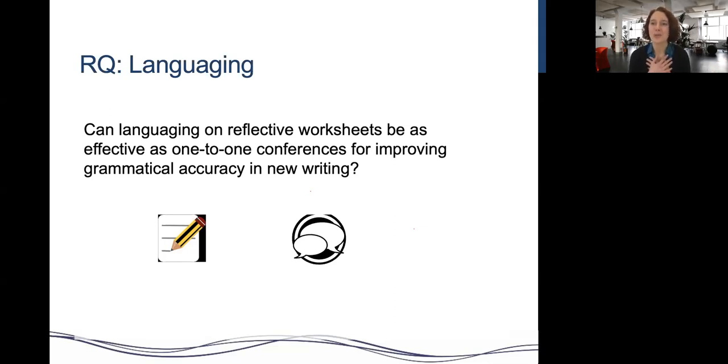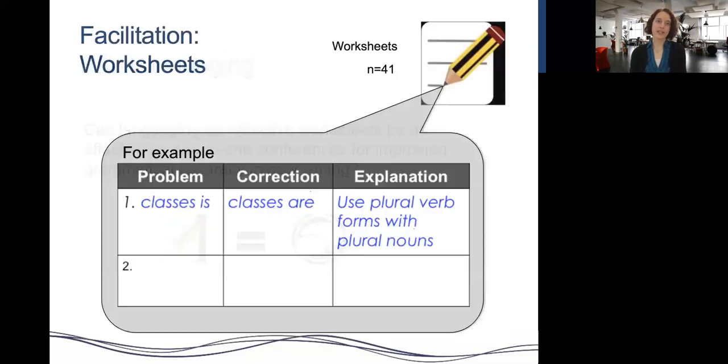We might all wish we could, but it's not always possible. So then it was relevant to consider whether there was a way of scaffolding the learner's engagement with their corrective feedback through languaging on reflective worksheets. So that's what this study focused on.